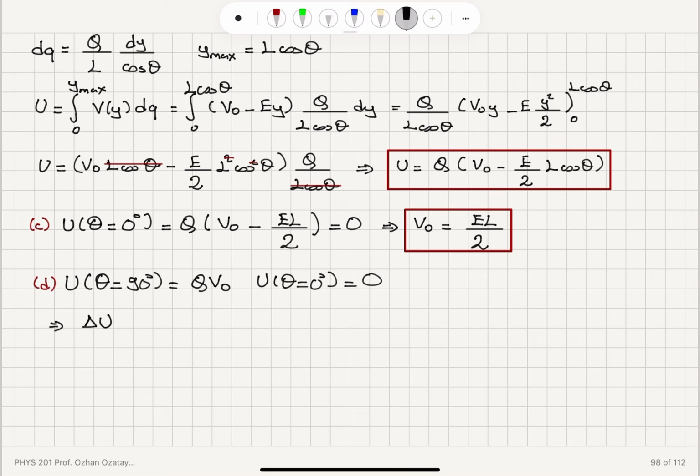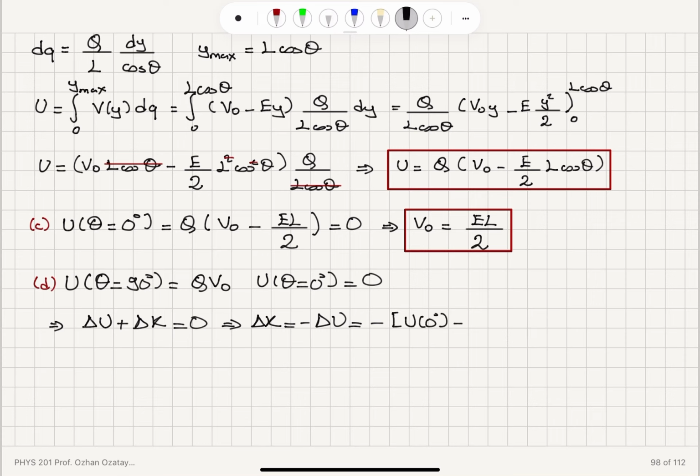The change in potential energy plus the change in kinetic energy is equal to 0 because there is no dissipative force in this problem. The change in kinetic energy will be equal to minus the change in potential energy. Initial angle is 90 degrees, final angle is 0 degrees.